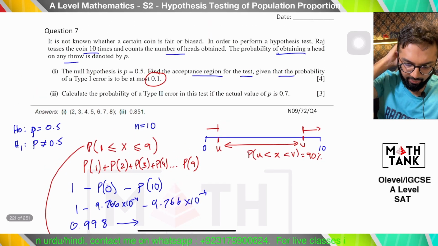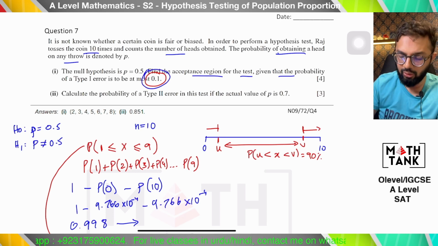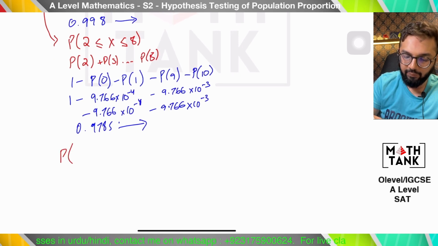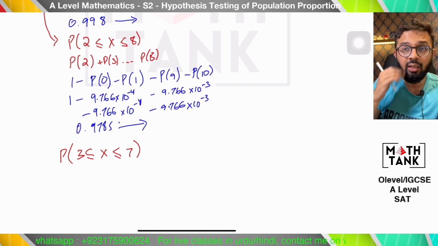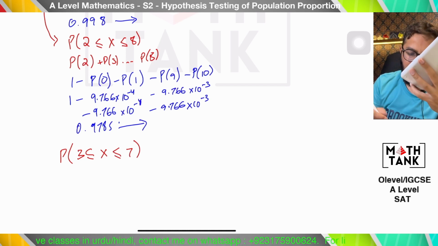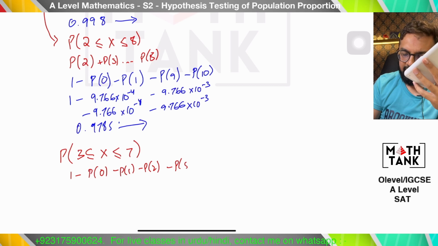If I subtract it from 1, I can go at most to 0.1, which means that I must test out another one. Let's test out if staying between 3 and 7 gives us a rejection region that's greater than 0.1. So it's a tougher question that way. That leaves out 0, 1, 2, 8, 9, and 10.